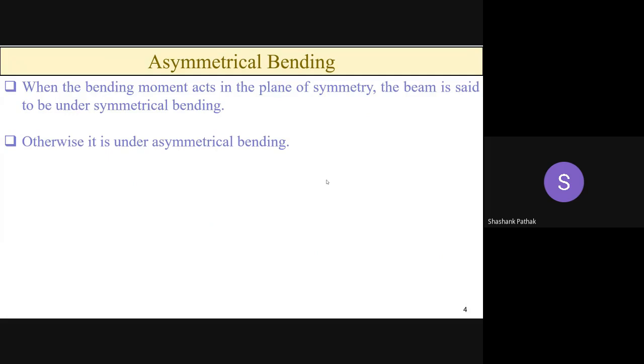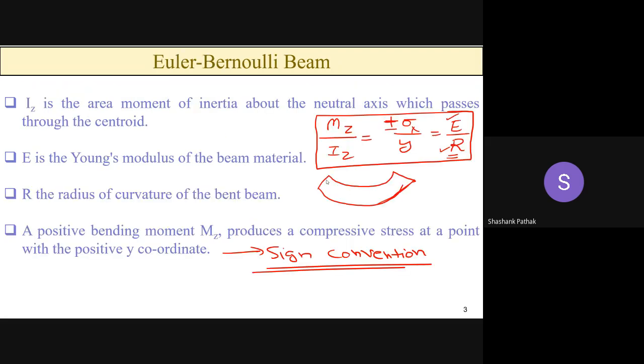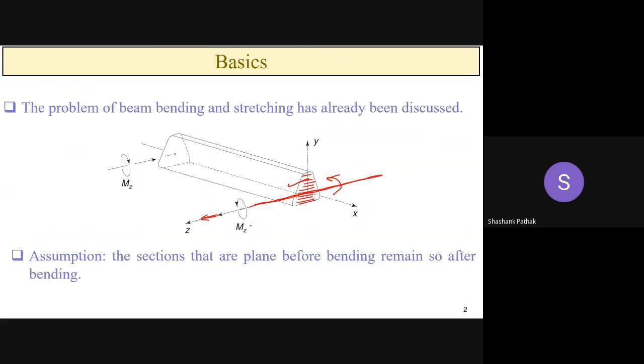If this is not being followed, for example, in the same case, suppose instead of applying the bending moment along this axis, you apply the bending moment about this axis, so say this is some axis that is passing through the cross section and you want to apply bending moment along this axis.